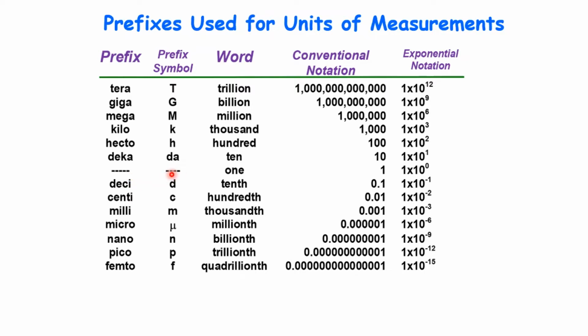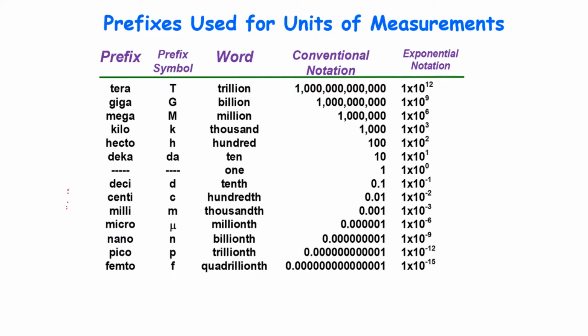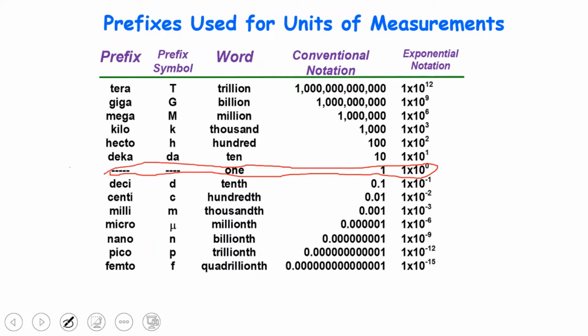Depending on what your base unit is, let's say we take the meter, the unit for length. 1 meter is 1 times 10 to the 0, which is just 1. That's where the base unit is located.